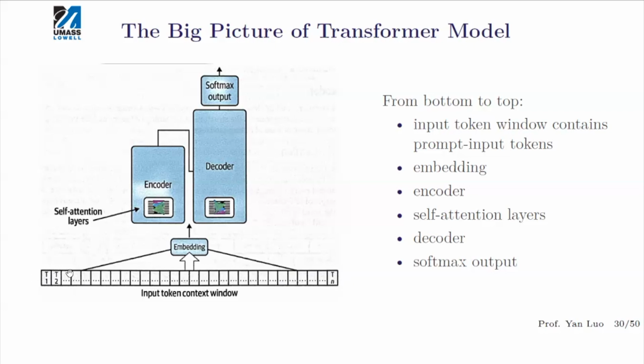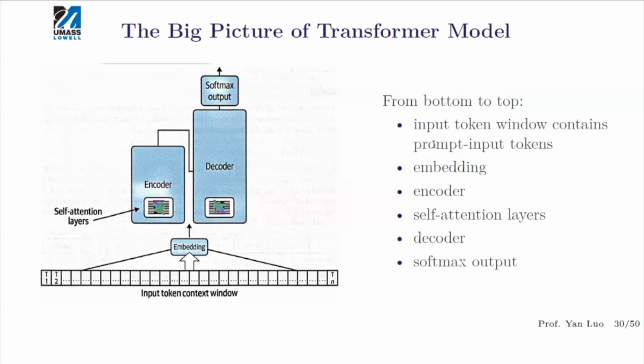And this is the input token context window that we obtain through the tokenizer. We use the tokenizer to get its tokens. And through embedding, we will map these token IDs into an X-dimensional vector. The vector will be the input to this encoder and also to the decoder as well.